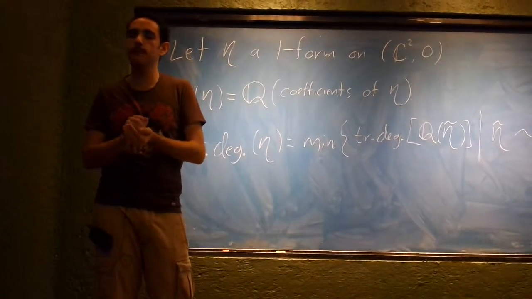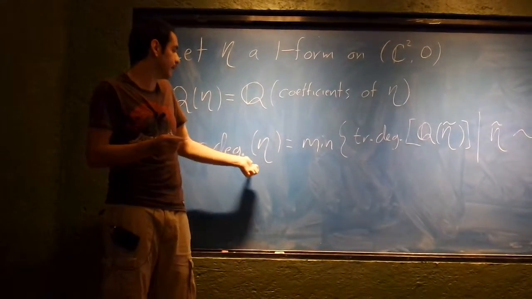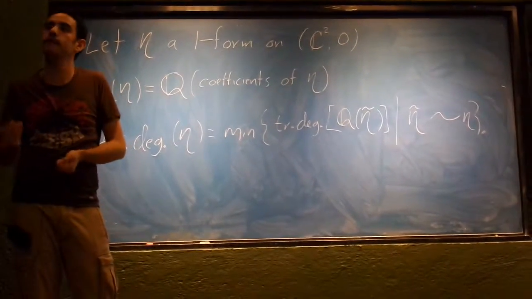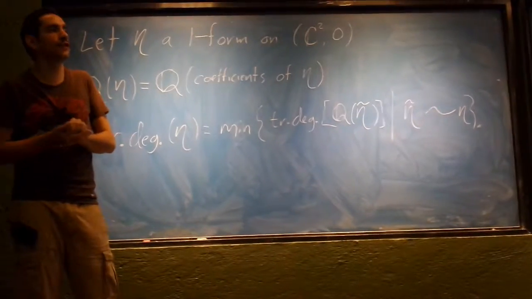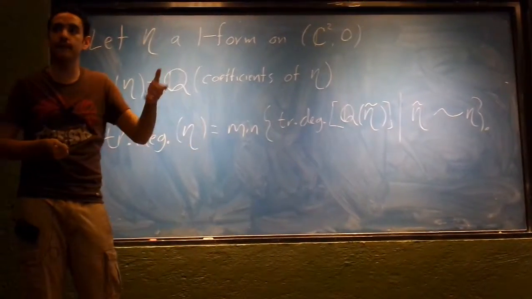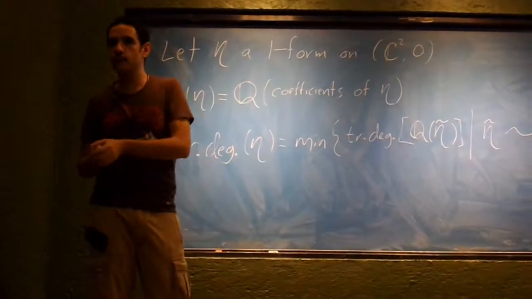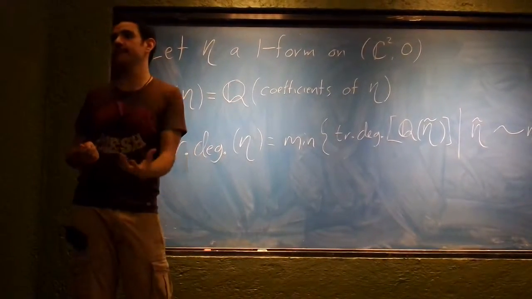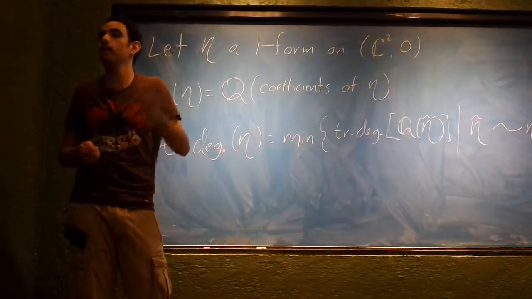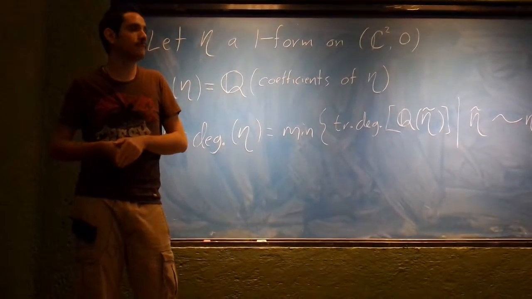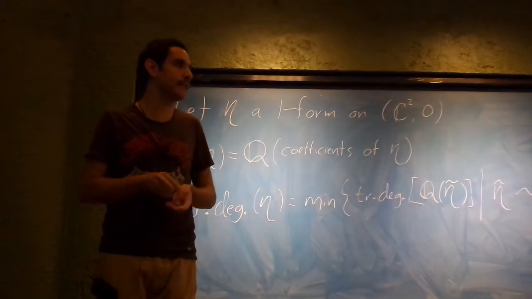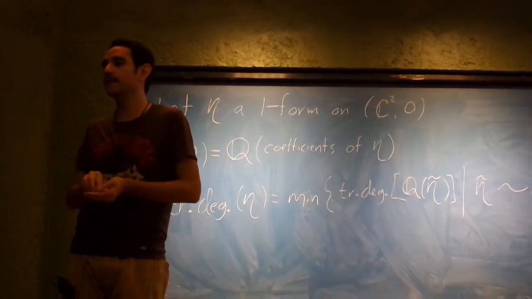But then it would be interesting to see if there's any implication, once again, in the geometry of the foliation. Does a foliation with infinite transcendence degree look different from one of finite transcendence degree? Does a foliation with 0 transcendence degree look different from other ones? Those are some questions I haven't thought about, but it would be interesting to do so. So thank you, that's it.